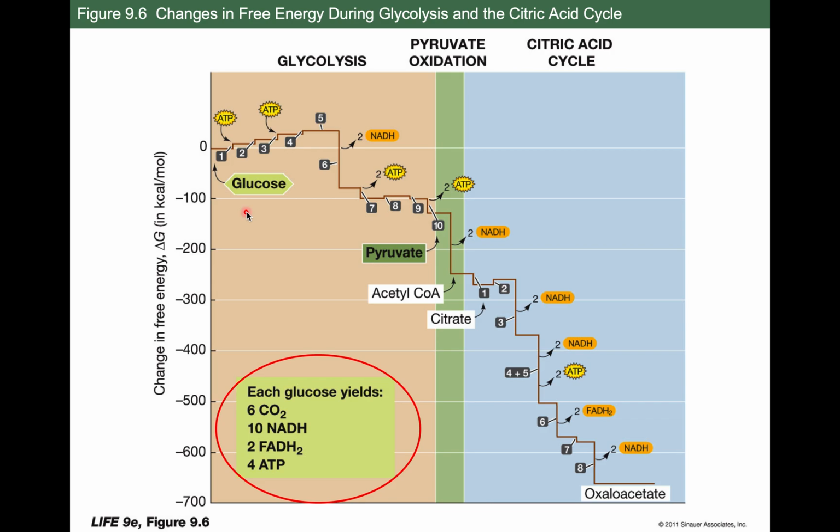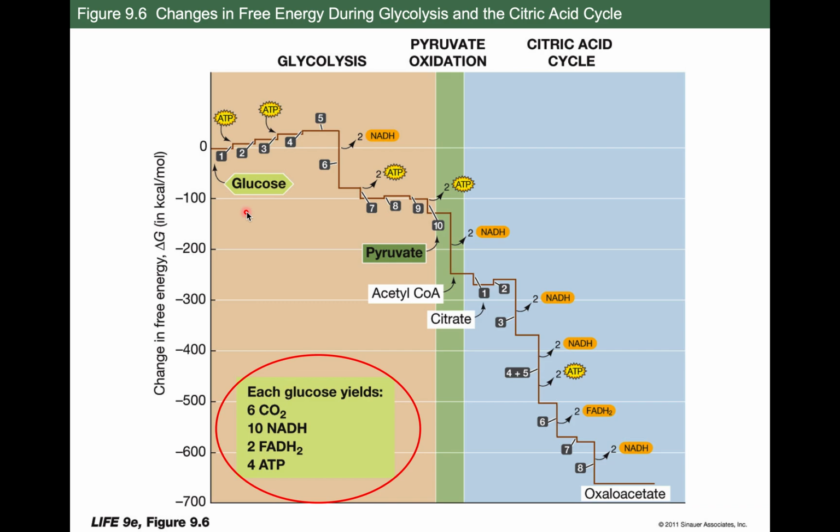That acetyl-CoA then feeds into the citric acid cycle, which consists of another 8 enzyme-catalyzed reactions. The citric acid cycle is also taking place in the matrix of the mitochondria, and for each turn of the citric acid cycle, we're making 1 ATP, 3 NADH, and 1 FADH, which, as we discussed, is another electron carrier.